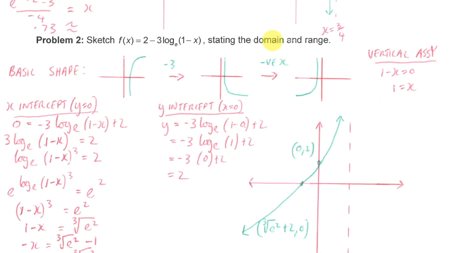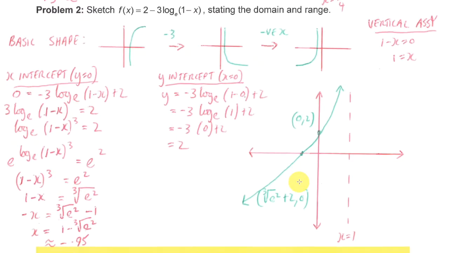So I need to state domain and range. There's no domain restriction on it, so this will continue on indefinitely that way. As X approaches negative infinity, Y will approach negative infinity, but there is a vertical asymptote here at X equaling 1, so I know my X values can't go along that way, but as X approaches positive 1, the value of Y will be approaching positive infinity.